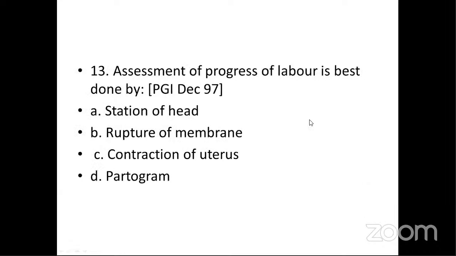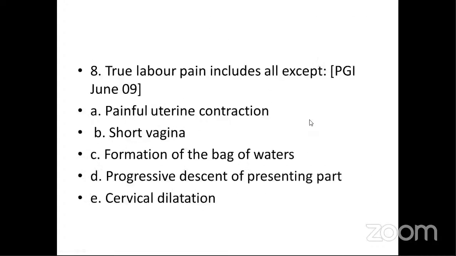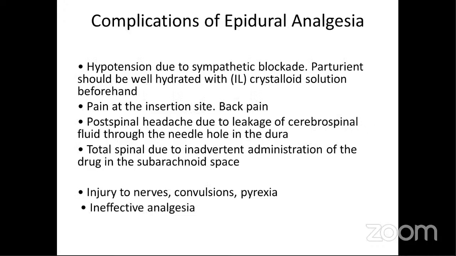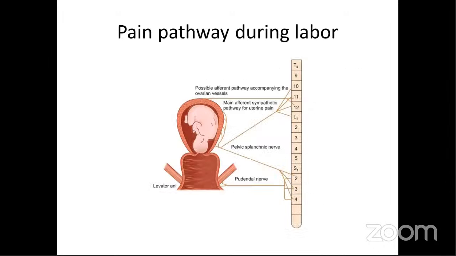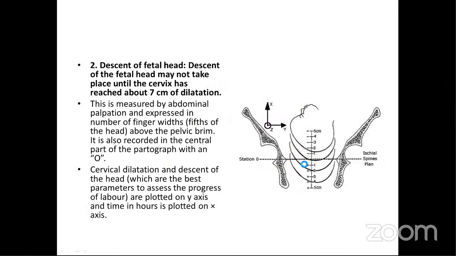When we say that the head is engaged, it means that the biparietal diameter has crossed the pelvic inlet, is it not? So what happens to the lowest or presenting part of the fetal head? It will come and lie at the level of zero station or beyond. So when the head is lying at 0 or +1 station, that is when we say the fetal head is engaged.